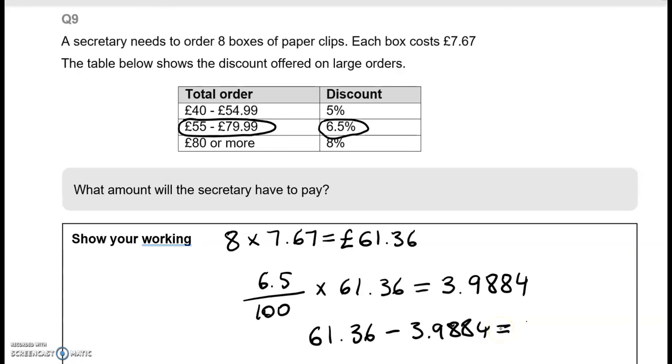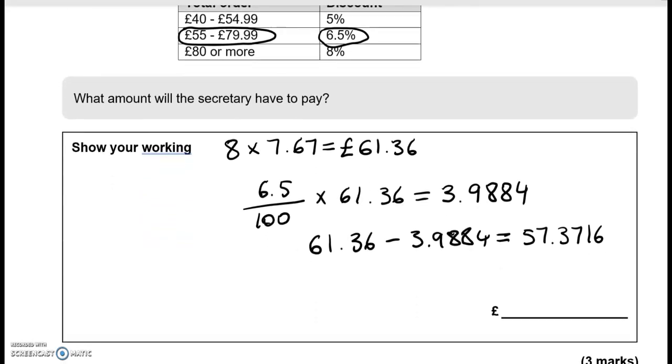And that is equal to 57.3716. In terms of money, we're going to have to round this. So 57.37, because when it comes to money, we only have 2 digits after the decimal point.